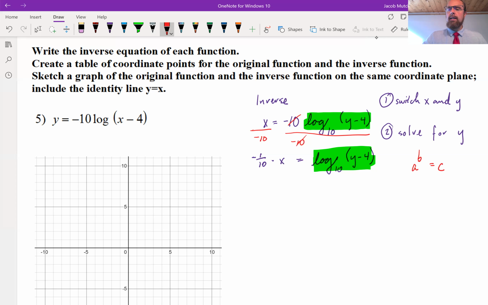To convert that to a logarithm, I would say log base a of c equals b.